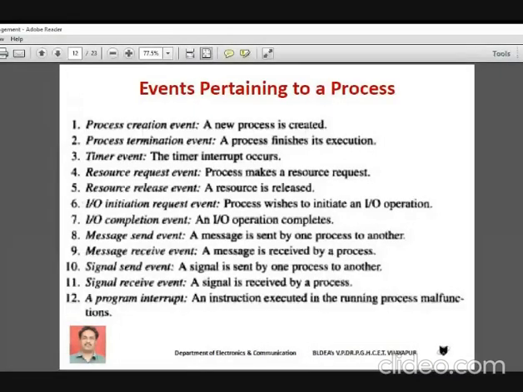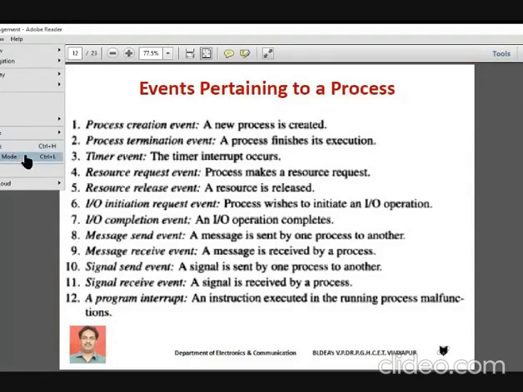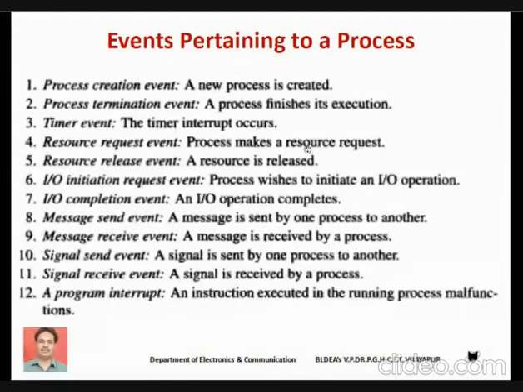These operating system level primitives are called system calls, or sometimes they are also referred to as signals. Okay, signals can be treated something like software interrupts. Okay, so signal send event and signal receive event indicate that a signal is sent from one process to another process, or that a signal is being received by the process.